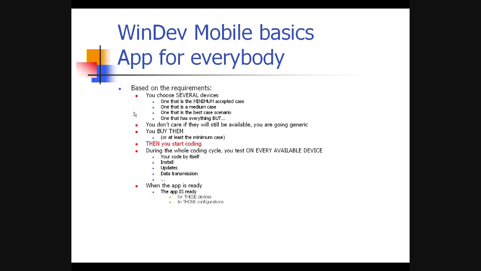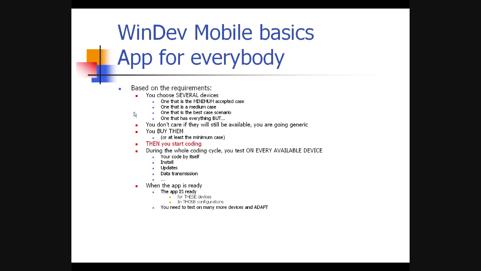If your devices were under Windows Mobile 5 and you didn't test on Windows Mobile 6, you don't know if it's going to work the same way or not. You will have security configuration that will have changed. You will have the right to do this or not, and you didn't have that problem before. So all this is going to be different for each device.